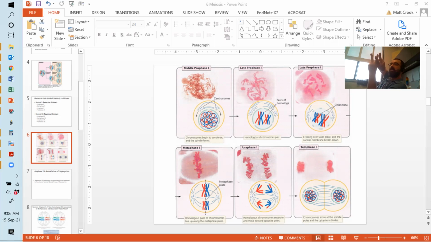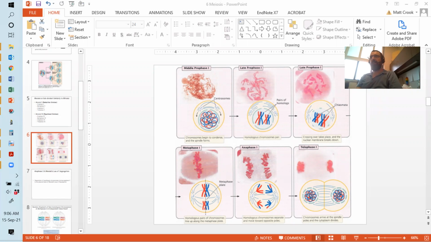Or they could line up like that. And so when those get pulled apart, which chromosome of the pair the daughter cells get is random. Could be this daughter cell gets the maternal chromosome and this one gets the paternal. It could be the other way around, right? It just depends on how they get caught by the spindle fibers and pulled to the center.